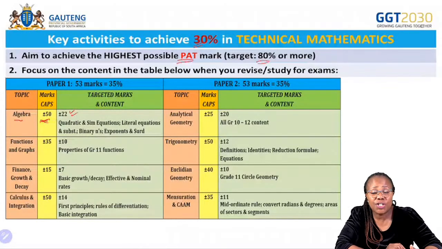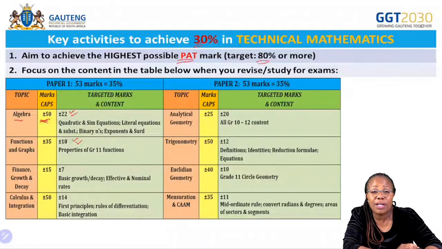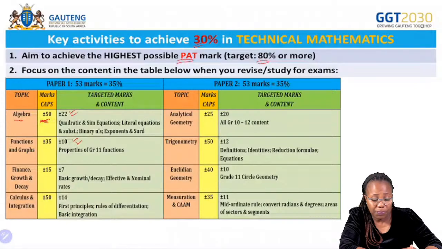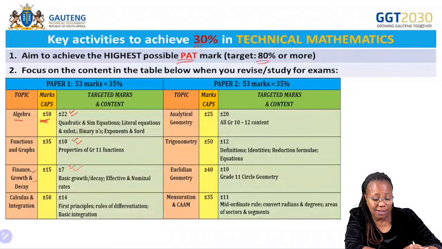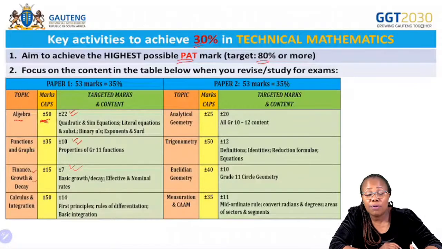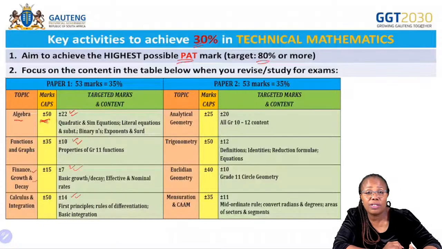And then now for functions and graph, if you can get 10 marks grade 12, 10 marks, then you will achieve that 35% that we are projecting. And then for finance and growth, if you can get a 7 marks plus minus 7, then you will be able to get the 35. Calculus and integration, we are talking 14 marks.